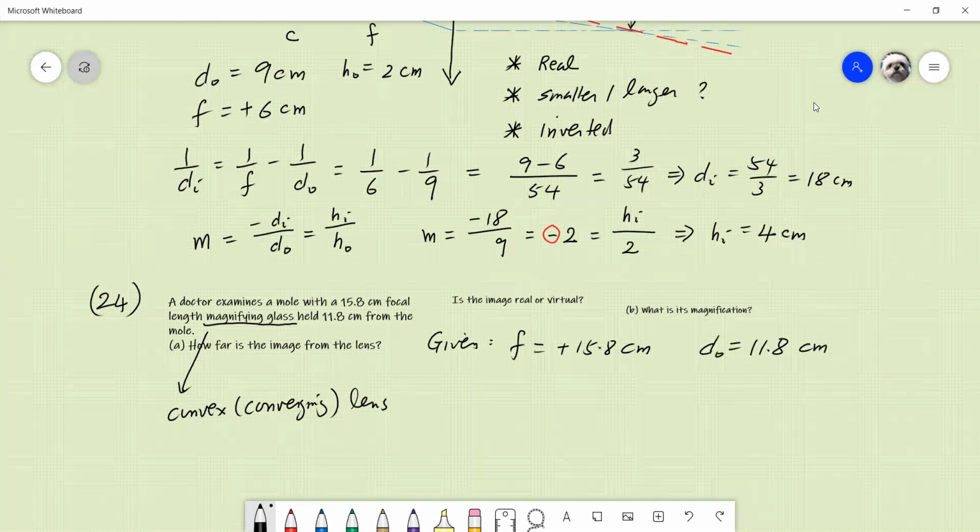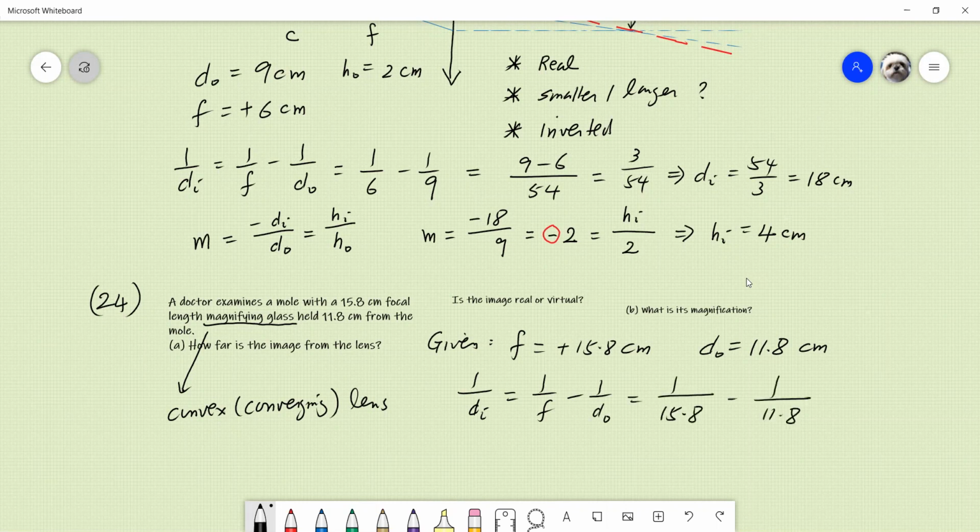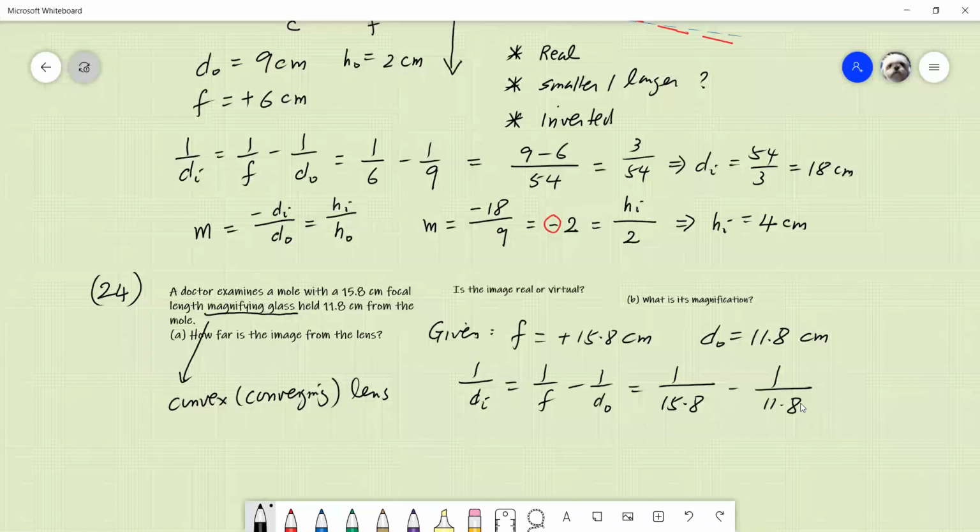Now then, what is DI, right? So we can calculate that, the image distance, right? That's what the AS, right? 1 over F minus 1 over DO, right? So which is 1 over 15.8 minus 1 over 11.8, right? So what is this?